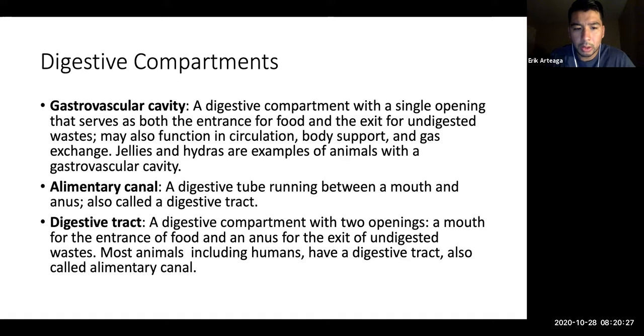Alimentary canal, this is a digestive tube running between a mouth and an anus, also called the digestive tract. We do have this. And the one thing to note about the alimentary canal is that it's a continuous opening to the outside environment. So if you swallow something, you ingest something, that is technically not an internal cavity.